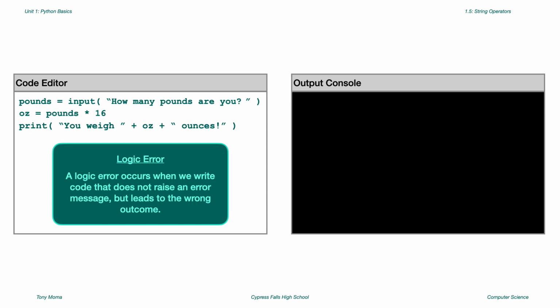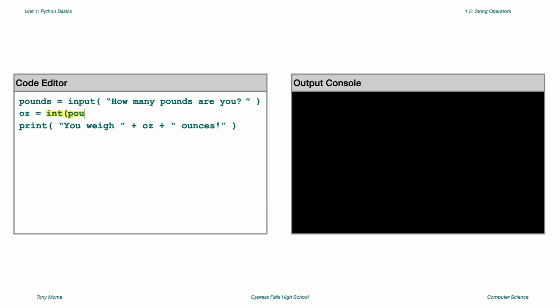So in line 2, we have a logic error because we should be multiplying two integers, not a string and an integer. To fix that, I need to convert pounds to an integer using the int method. Once pounds gets converted to an integer, the interpreter will see that we're multiplying two integers and thus do math multiplication, which was our intent.